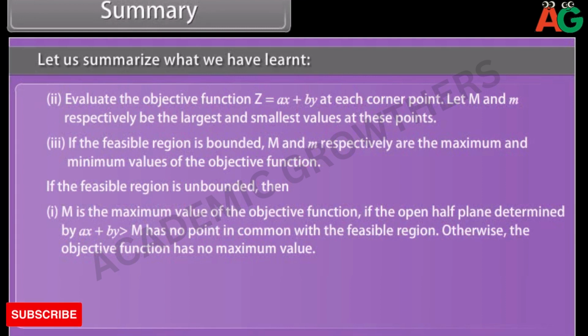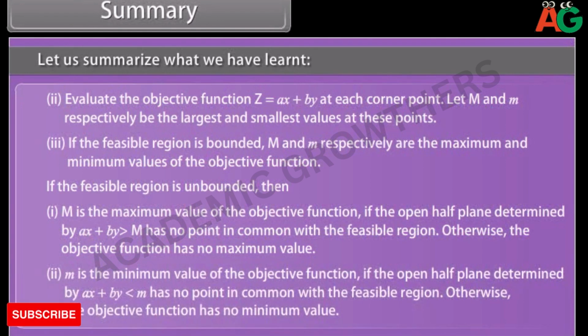Otherwise, the objective function has no maximum value. 2. m is the minimum value of the objective function if the open half plane determined by ax plus by smaller than m has no point in common with the feasible region. Otherwise, the objective function has no minimum value.